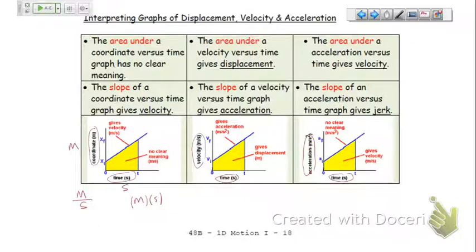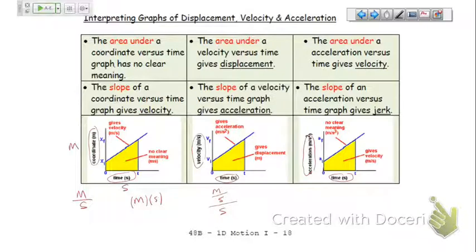If I go with a velocity versus time graph, this is not the same journey. If I have the graph on the left, I cannot get the graph in the middle for the same journey. It doesn't look like that. So I'm just showing another graph. But if I have a velocity versus time graph, I have meters per second for my rise and seconds for my run.